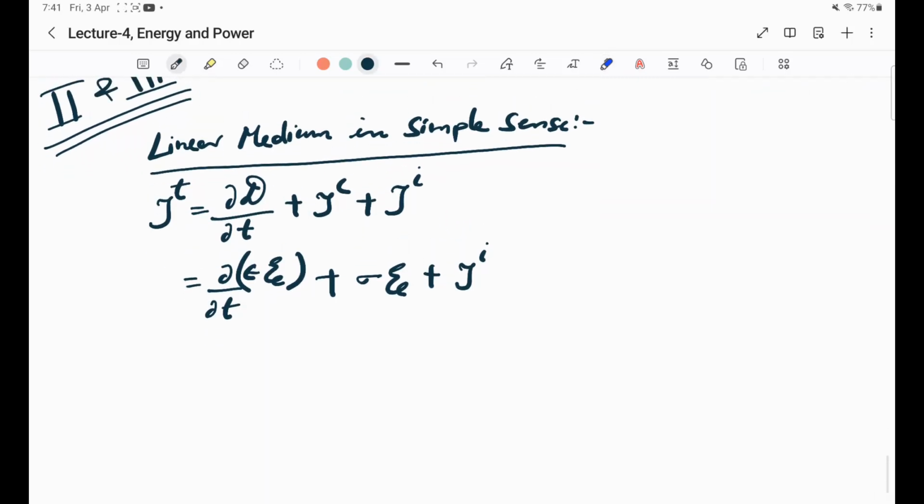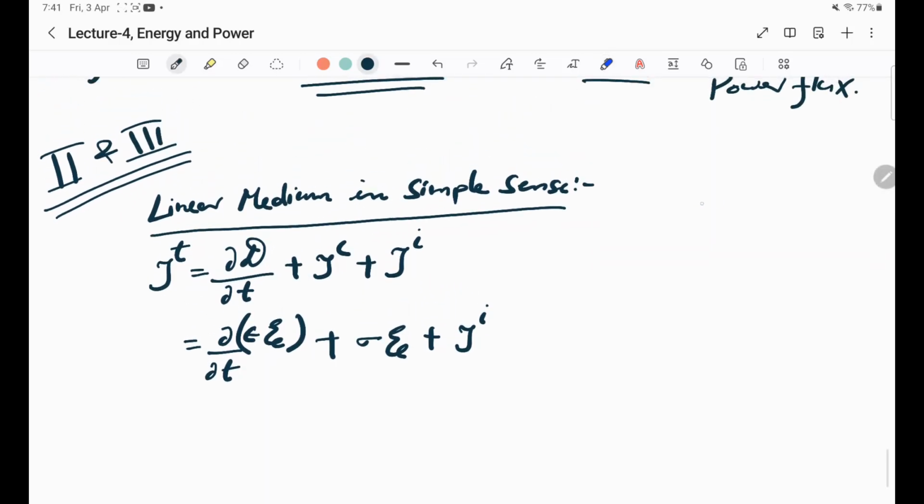Now what we need in the second term is E dot J total.